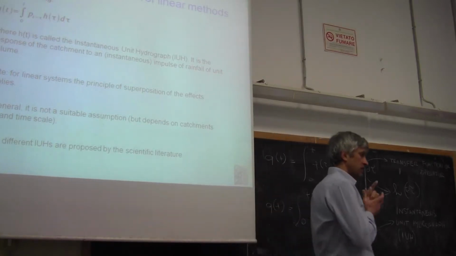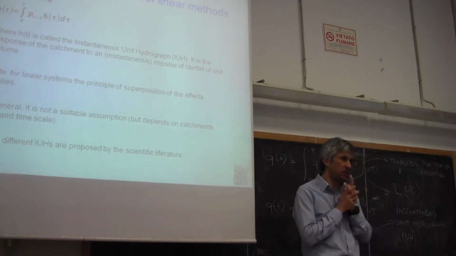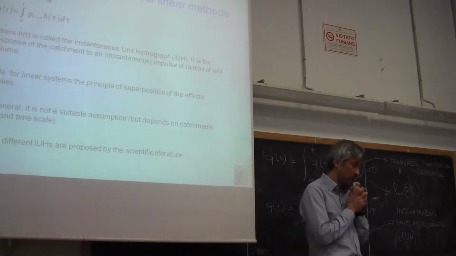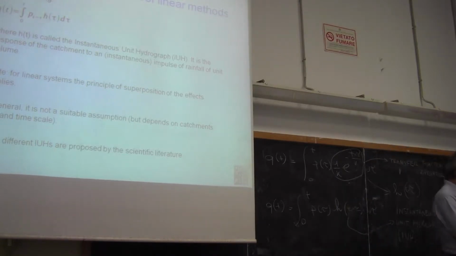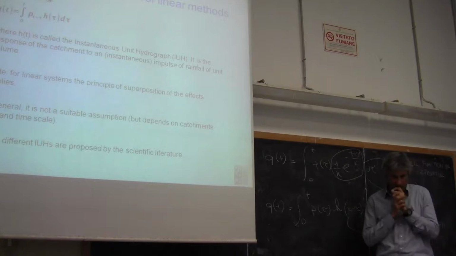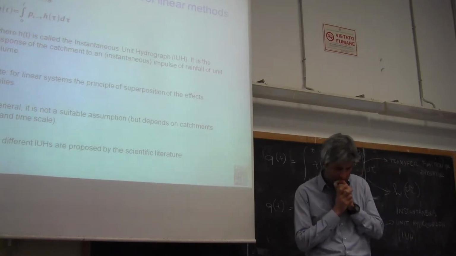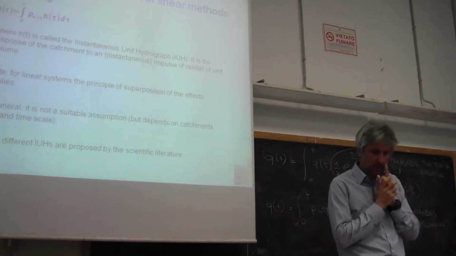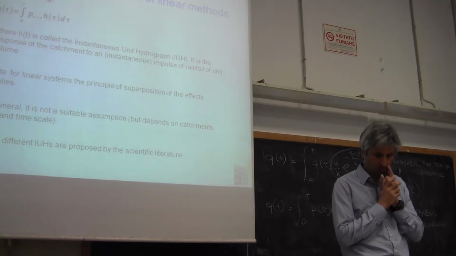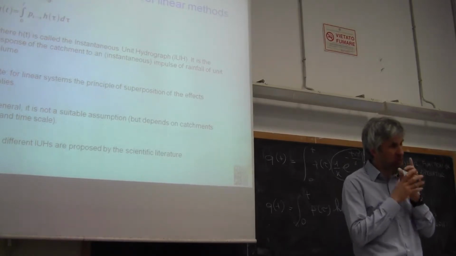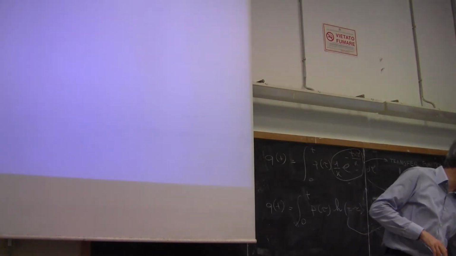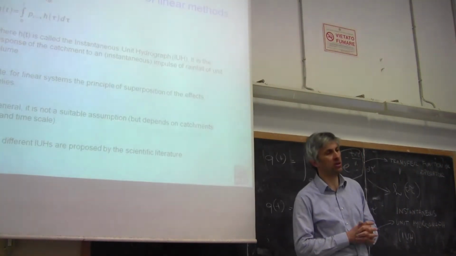Now, there is still one issue pending, which is the estimation of K. And K is a parameter. And basically, the estimation of K is reconducted to the general problem of estimating the parameters of a model.